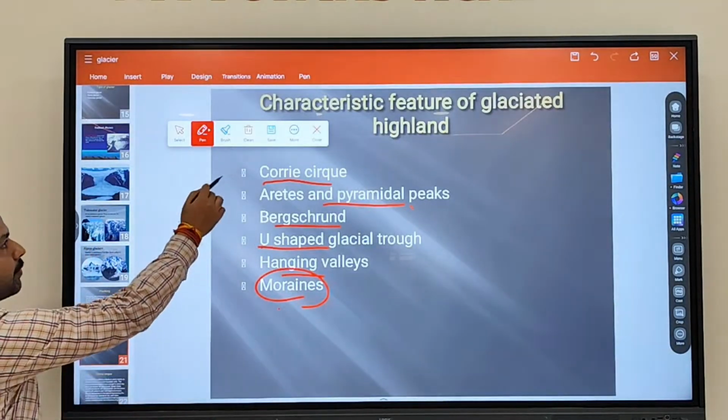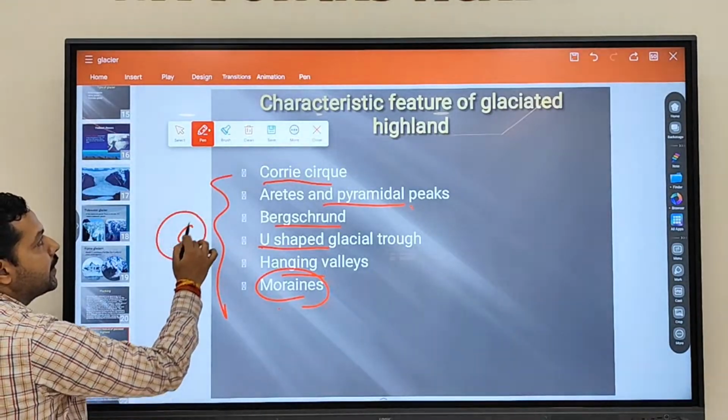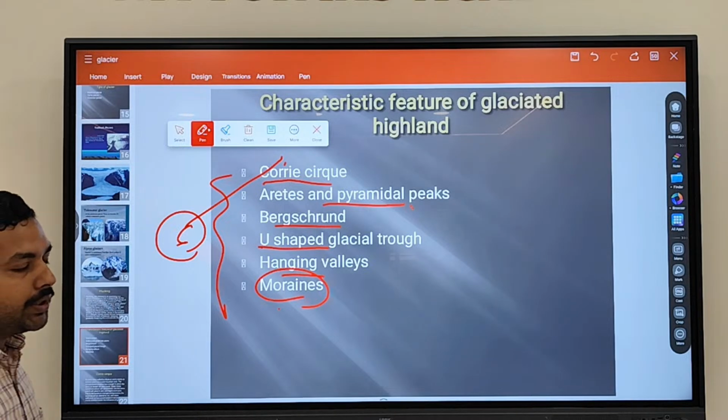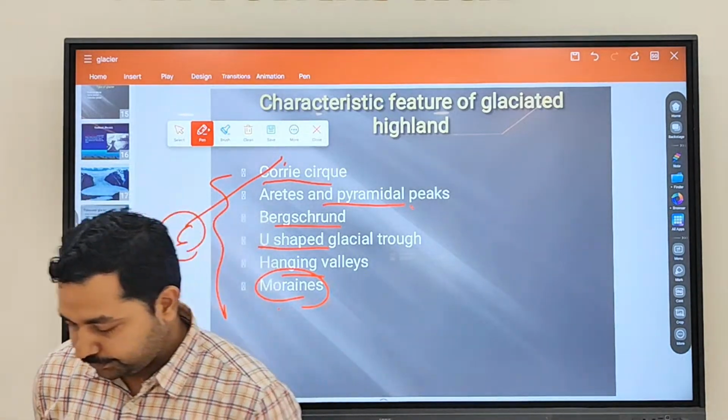So all these six are what? All these six are glaciated highland landforms. Highland means they are found at the top of the mountain. So cirque or corrie, pyramidal peak, bergschrund, U-shaped glacial trough, hanging valley, as well as moraines. All these six are the characteristic features of glaciated highland. Fine.